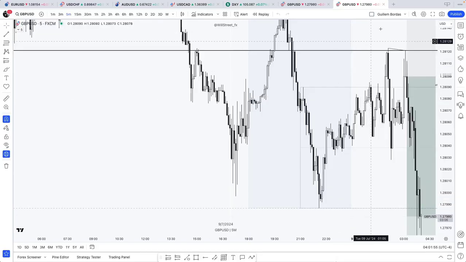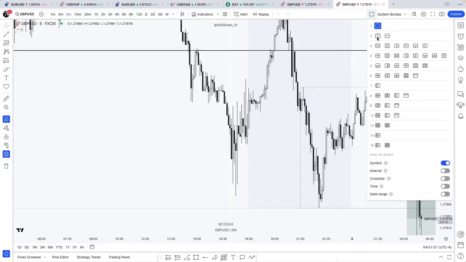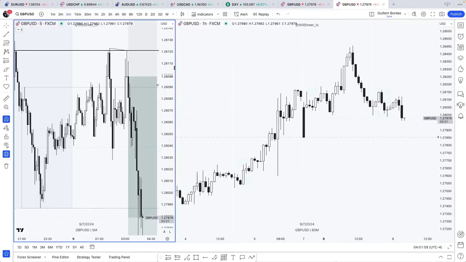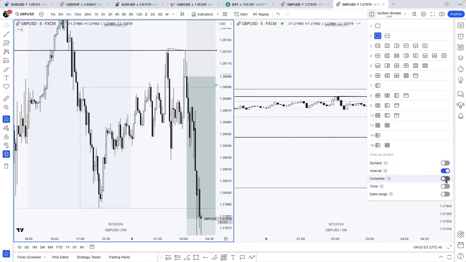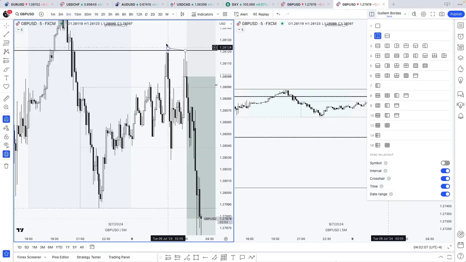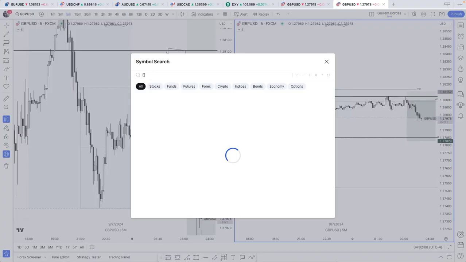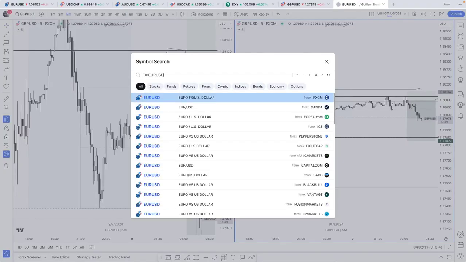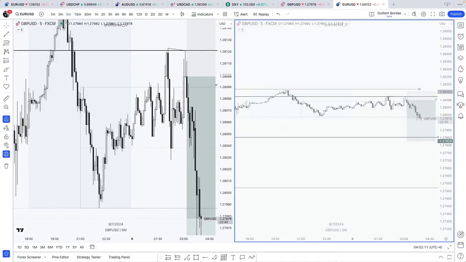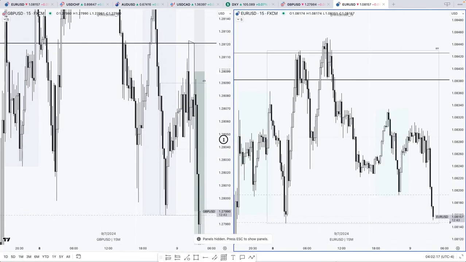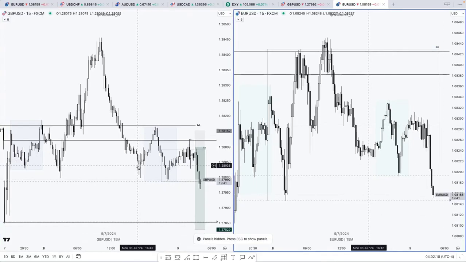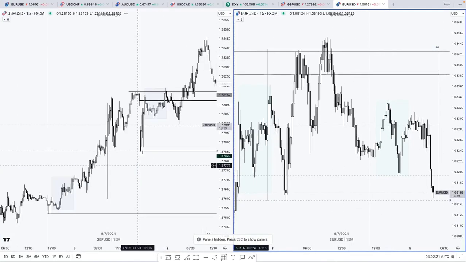If I'm seeing only two pairs, everything on except the symbol. And now you can change, and it will be really, really quick to look for SMTs because it is exactly the same. It moves at the same time.